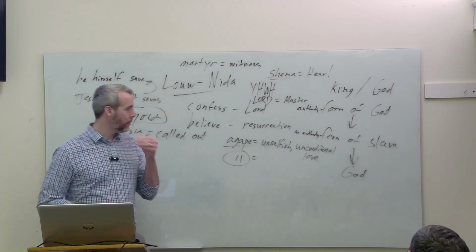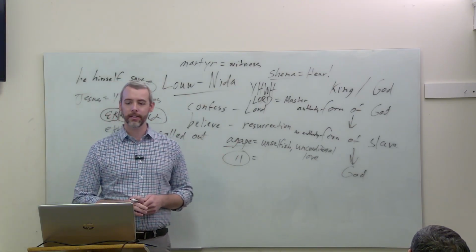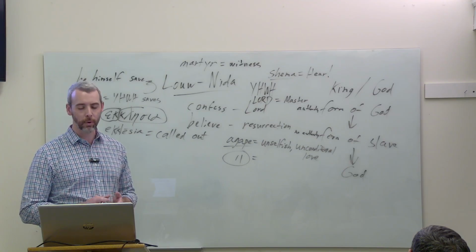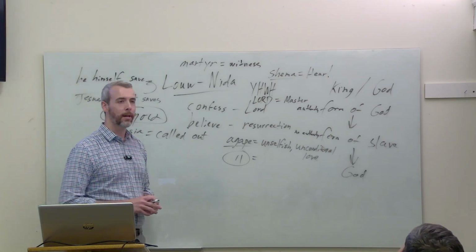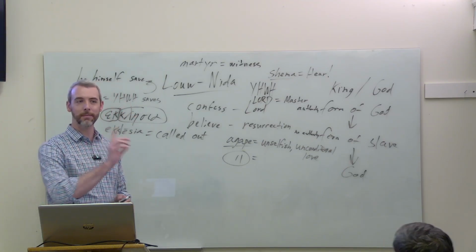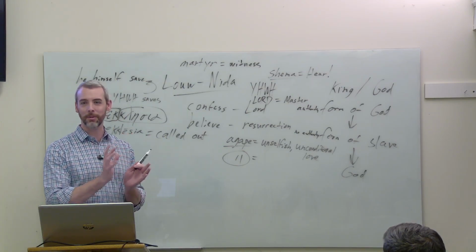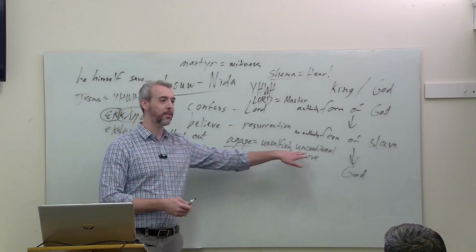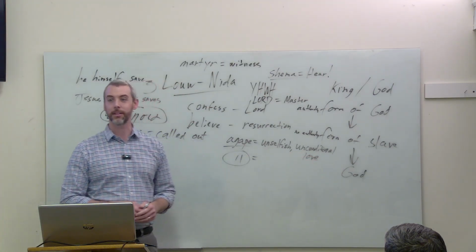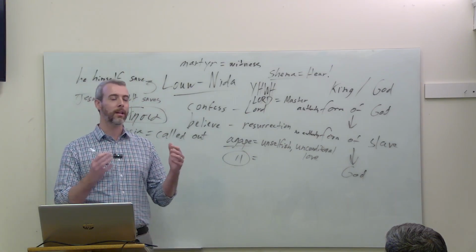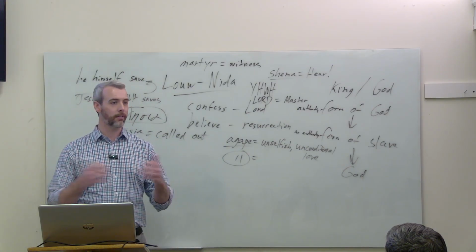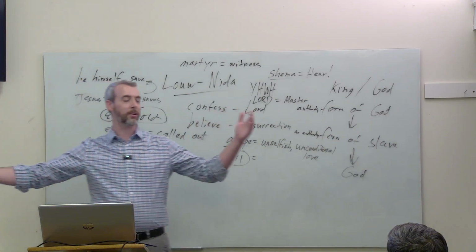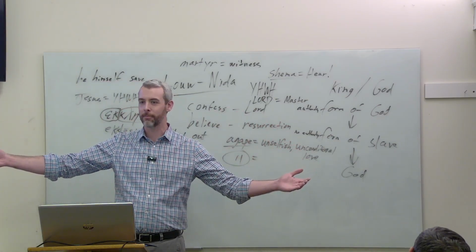Now, what we do have to be careful of is that the Septuagint was written a couple hundred years before the time of the New Testament, but that we see the same concepts being used in selfish and conditional types of love in the New Testament shows us that the word meaning was general enough, wide enough in range that it can include the love of God just as it could include the love of Amnon.